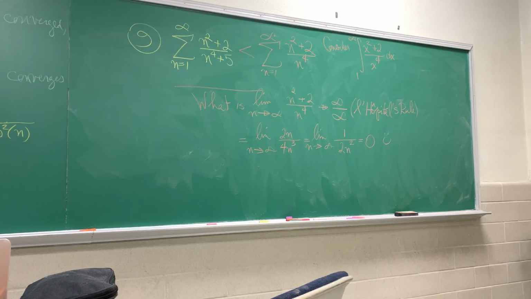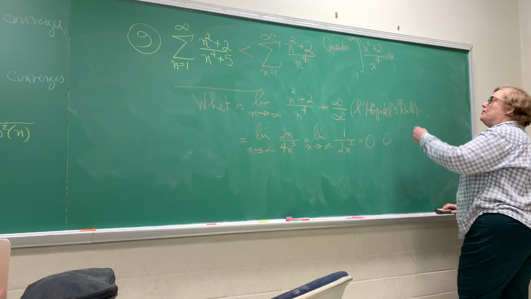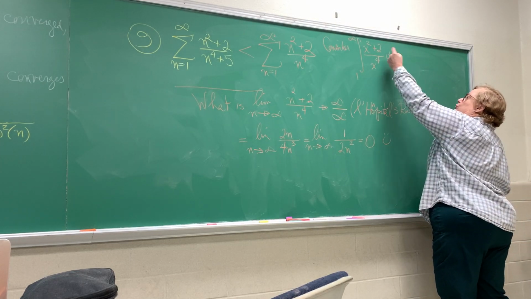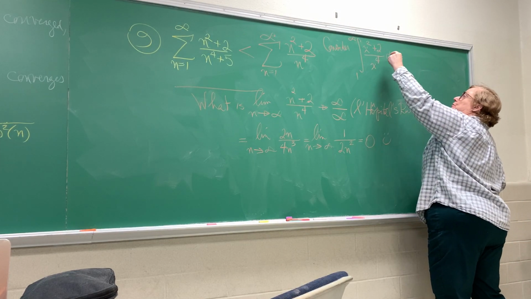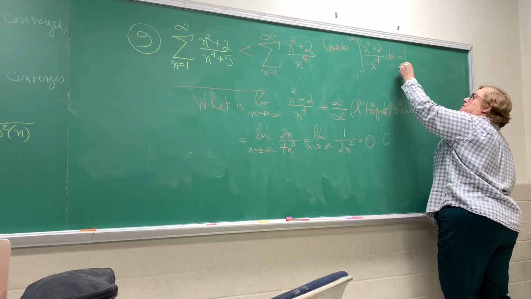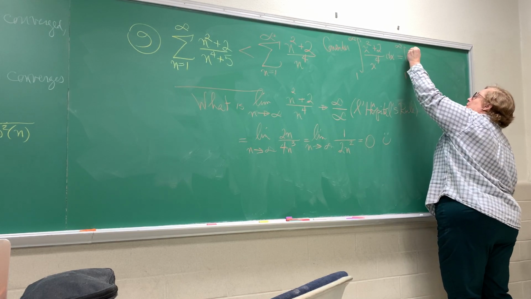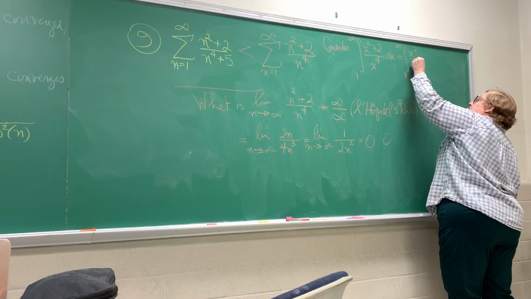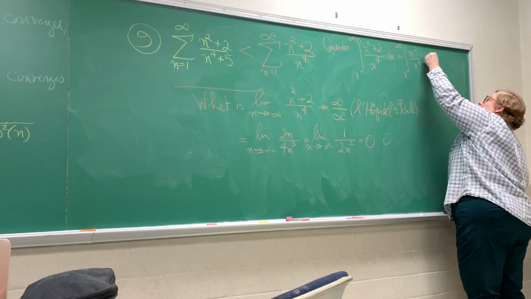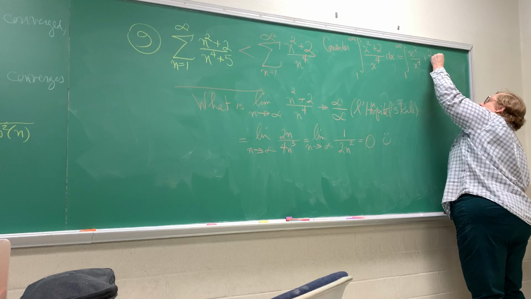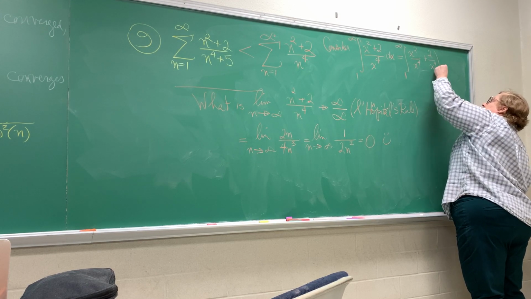And that might look horrible until we remember that we have one denominator and 2 numerators. We can write that as the sum of 2 fractions. We can write it as x squared over x to the 4th plus 2 over x to the 4th.